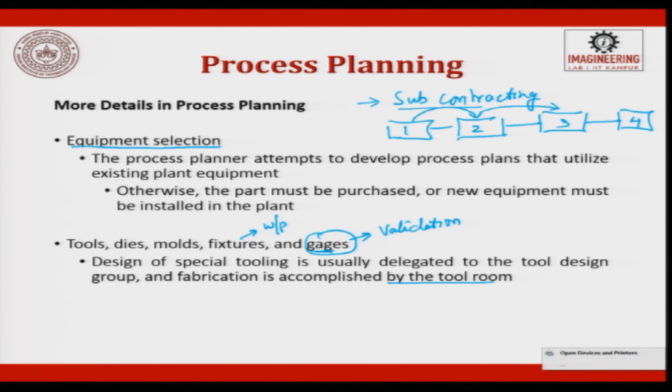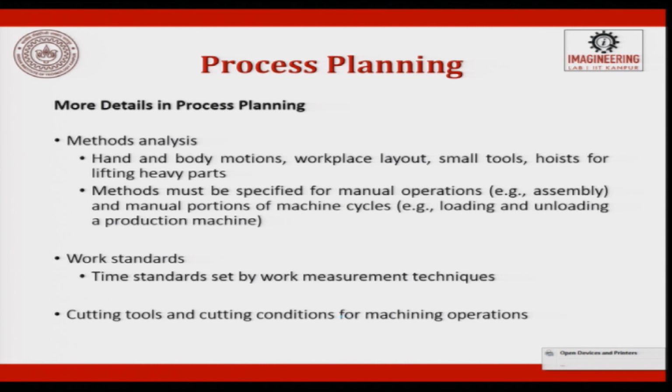Then we try to do the next study, which is methods analysis. While processing in a machine, what are all the speeds, feeds, depth of cut and what should be the motion which is given by the operator in converting a raw material into a finished product.